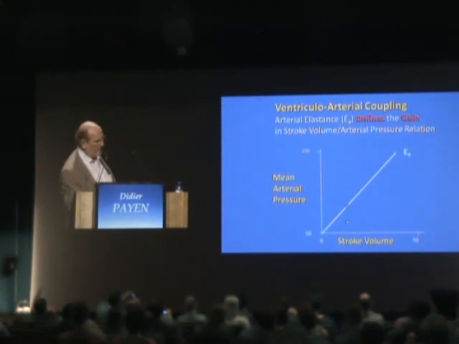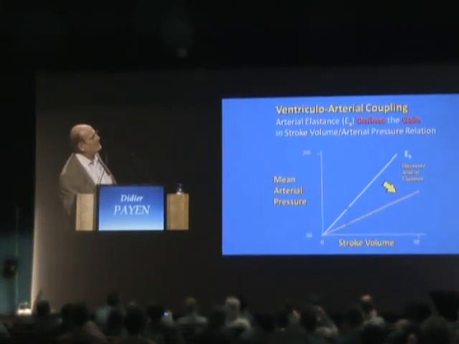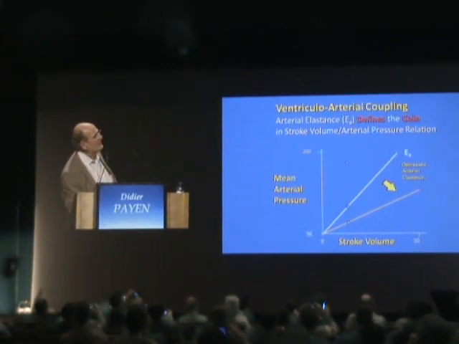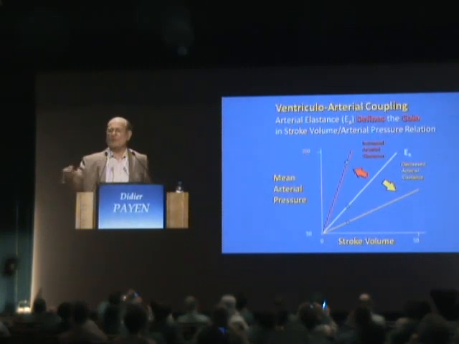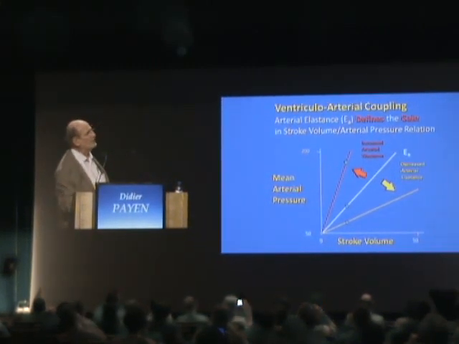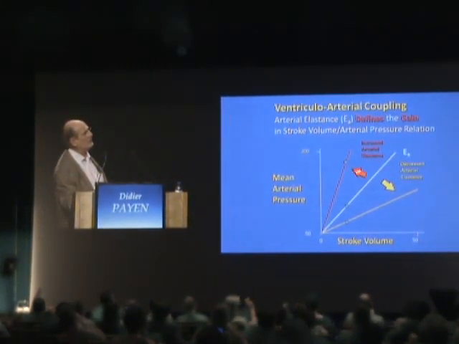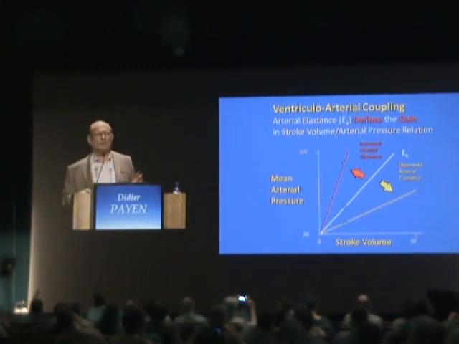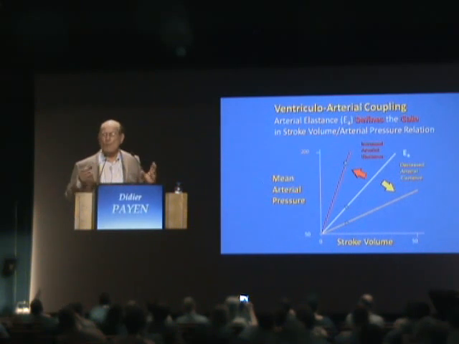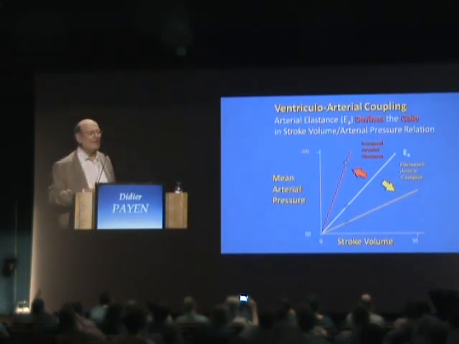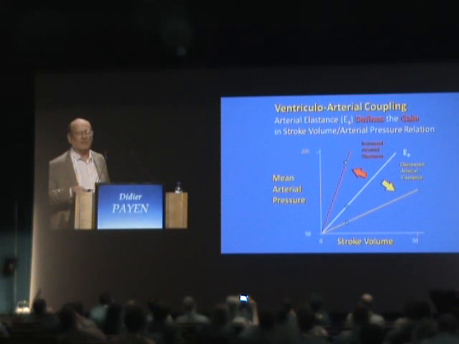That's very essential. This is the reduction in the elastance, which is nice. And the other side, for the elderly people, for example, especially if you give pressors, you have the inverse. You increase the elastance, so you reduce the compliance. That means that the heart, to inject the same amount of volume, has to spend more energy. And the guy who is spending the most energy is the guy who has the sicker cardiac function.